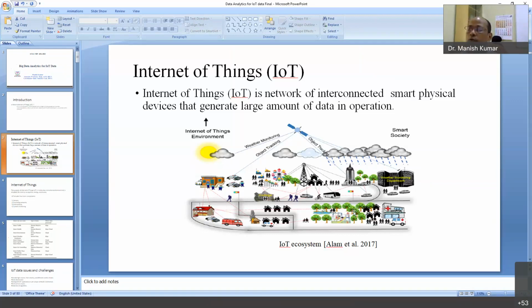Okay, so this is what happens in the entire framework of Internet of Things.